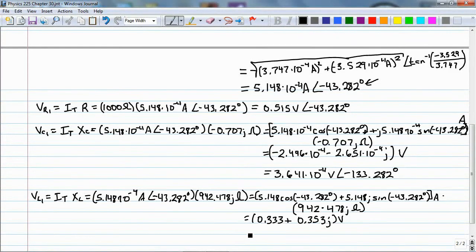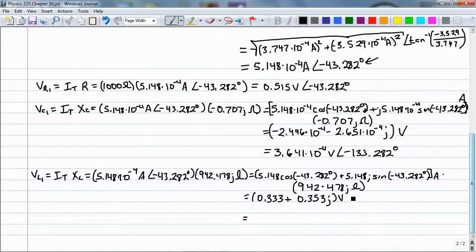And if I convert that into polar, I get 0.485 volts at an angle of 46.718 degrees.